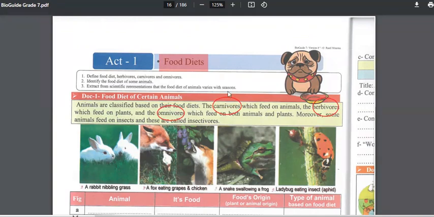Carnivorous animals are animals that feed on food of animal origin. Herbivorous animals are animals that feed on food of plant origin, while omnivorous animals are those that feed on food of both plant and animal origin.